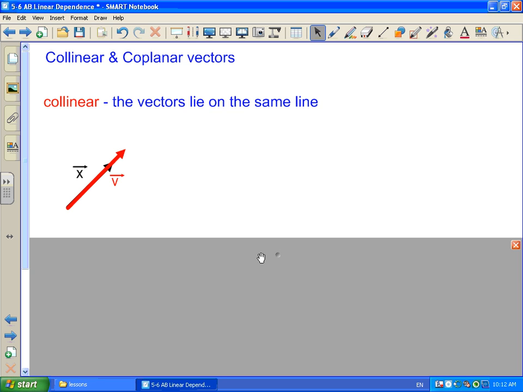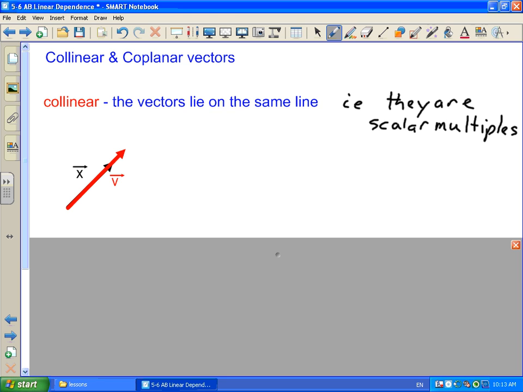Another way of saying that two vectors are collinear is to say that they are scalar multiples. Because I can take some scalar, multiply it by x, and I will get that vector v.